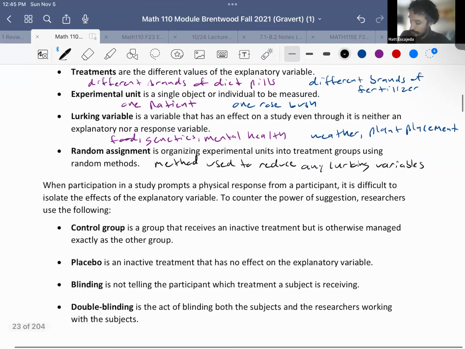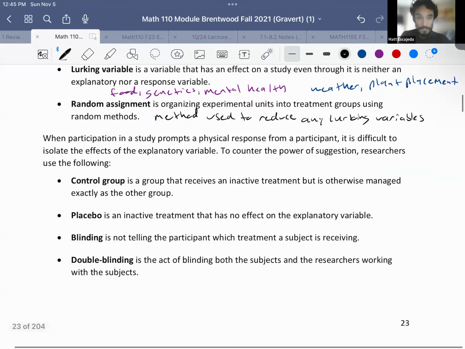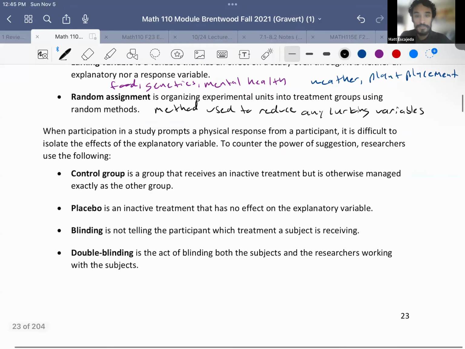Okay. So when participation in a study prompts a physical response from a participant, it is difficult to isolate the effects of the explanatory variable. To counter the power of suggestion, researchers use the following items.